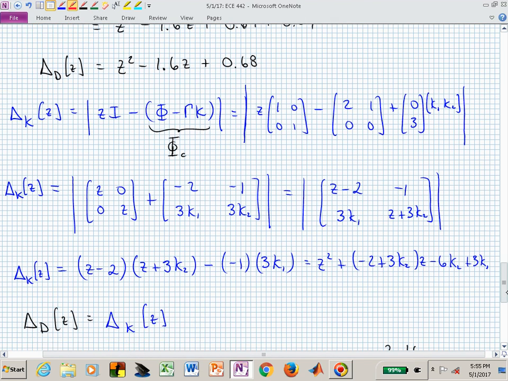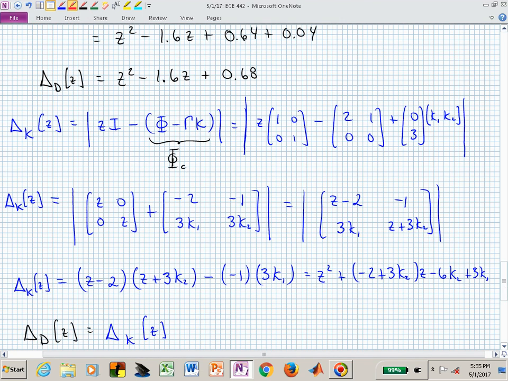What we want to do is select k1 and k2 so that we force that characteristic polynomial that involves the k's to equal the desired pole locations. If we had a fourth order system, then this would be a fourth order characteristic polynomial.